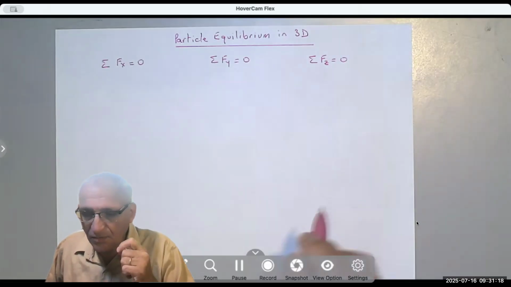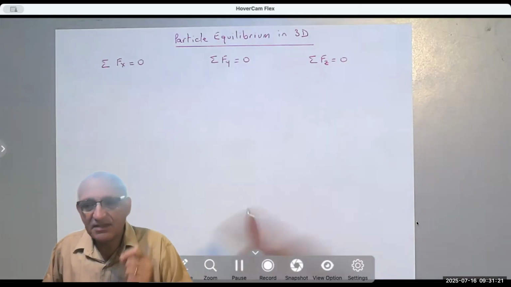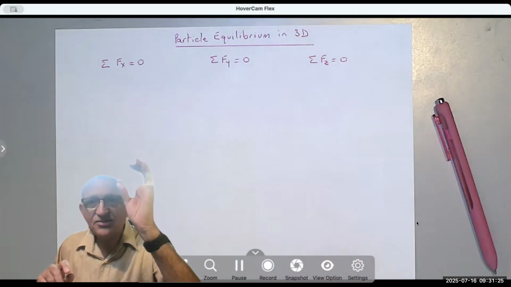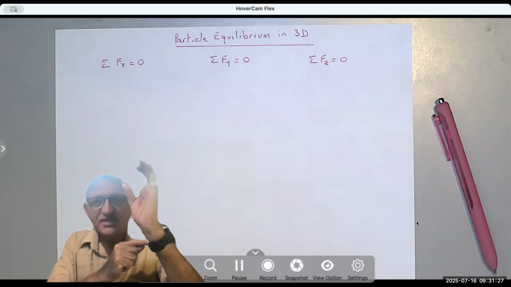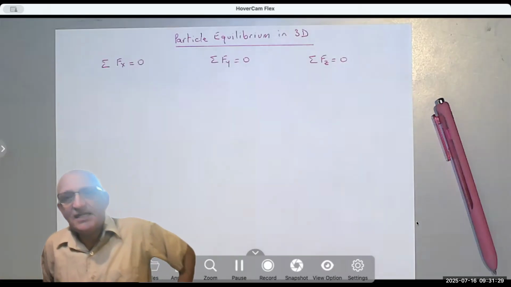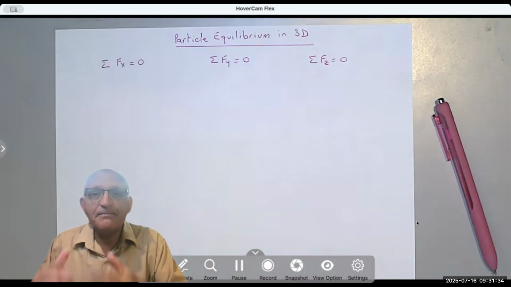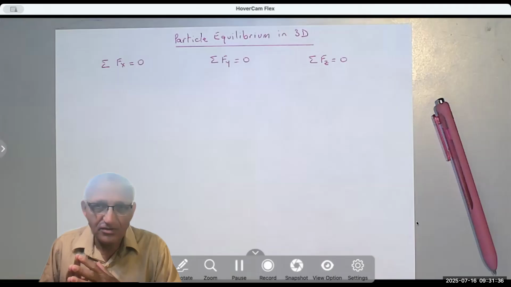Now, what we usually do, remember, is that in 3D, I can give you the location of the particle and tell you how far it is from the x, the y, and the z, in which case you would create a unit vector along that and then multiply it by the magnitude of the force.